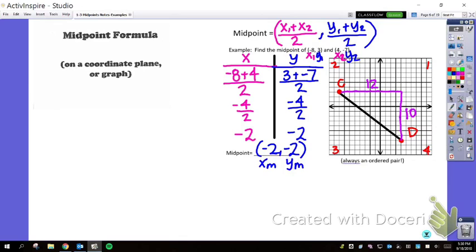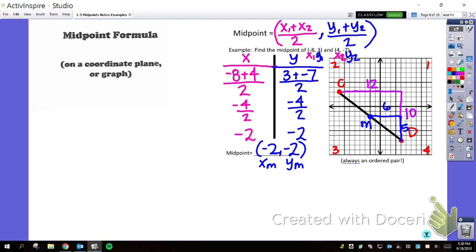Well, half of 10 is 5, and then what's half of 12? Half of 12 is 6, so if we go up 5 and over 6, do we still end up at -2, -2? And the answer is yes. So that would also be our midpoint. Just another way to look at it. So this is when we were given two endpoints.